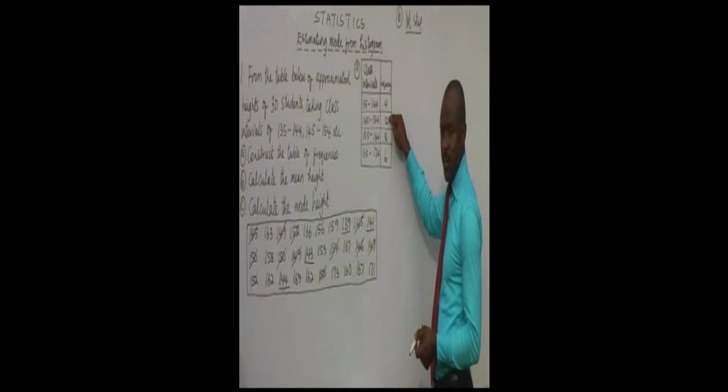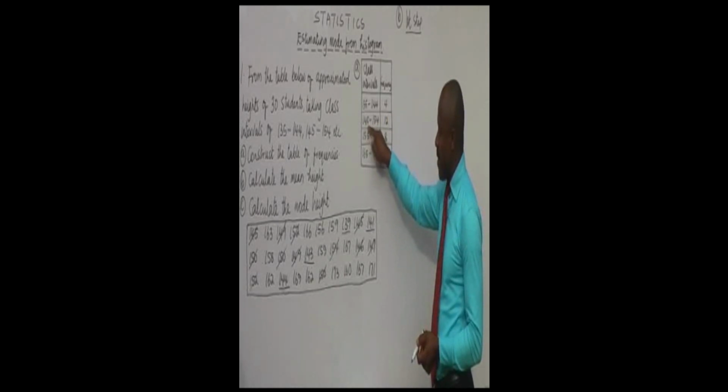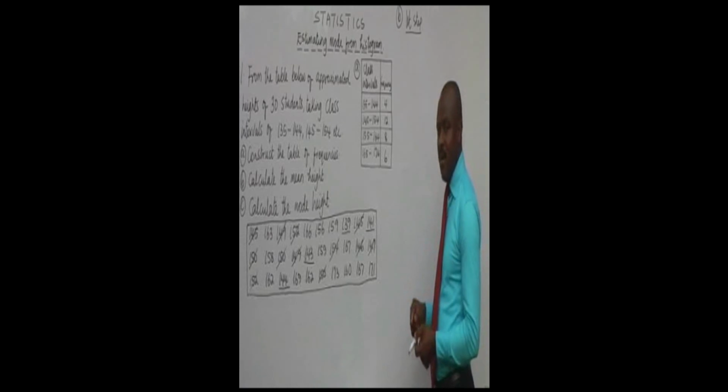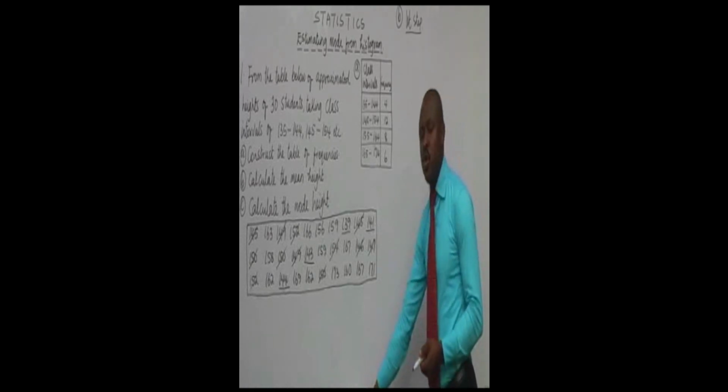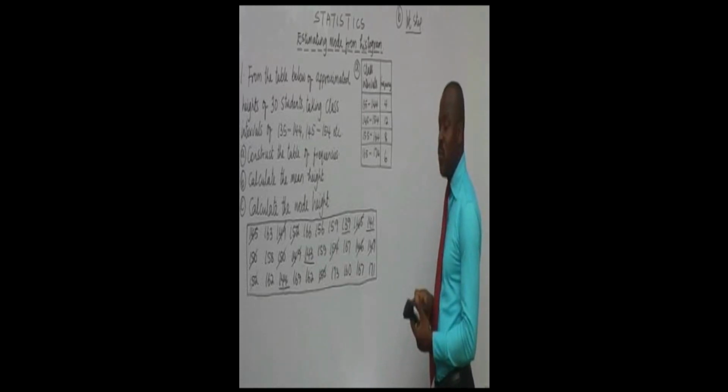Let's take the second. The mid value is going to be 145 plus 154 divided by 2. 145, which is the lower class value, plus 154, which is the upper class value, divided by 2. It will give you the mid value of the class interval. We are going to use it as what we call the assumed mean.